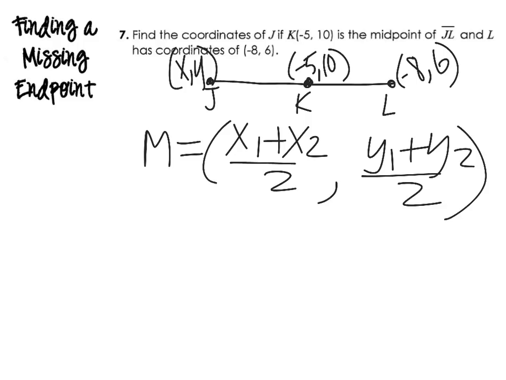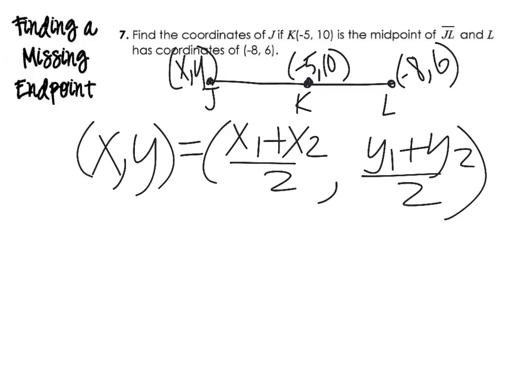Now, midpoint is an x comma y, right? So if we want to replace M with x comma y, we can do that, because we know our final answer is going to be x comma y.